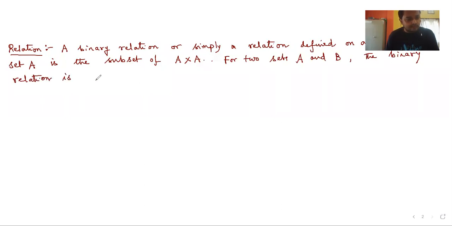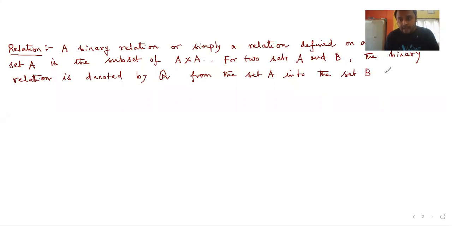is denoted by, say, R from the set A into the set B, is a subset of the Cartesian product A cross B. So if I consider the two sets A and B to be the same, then we get this primary definition.